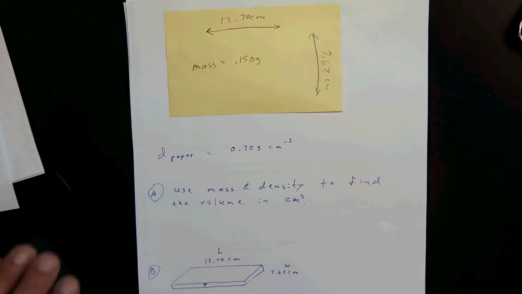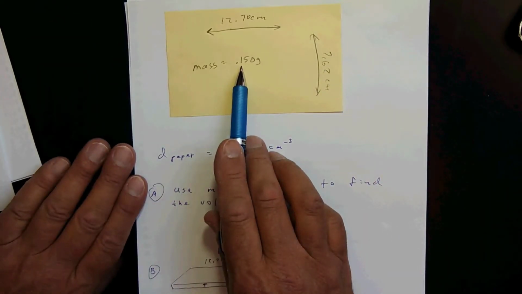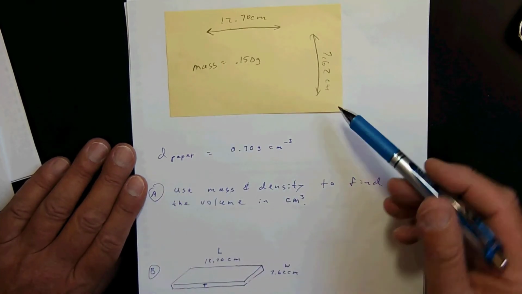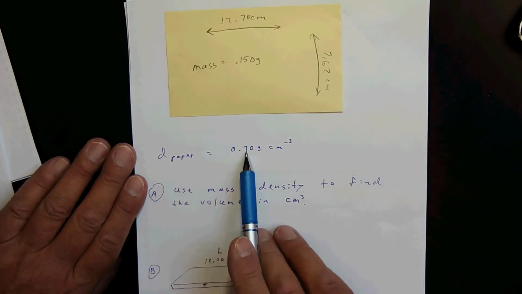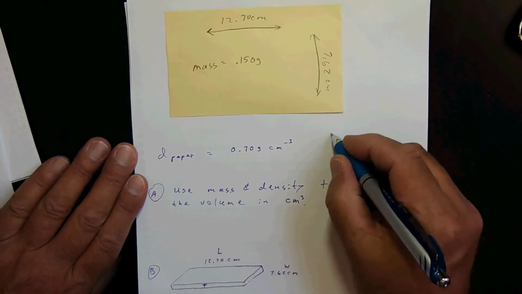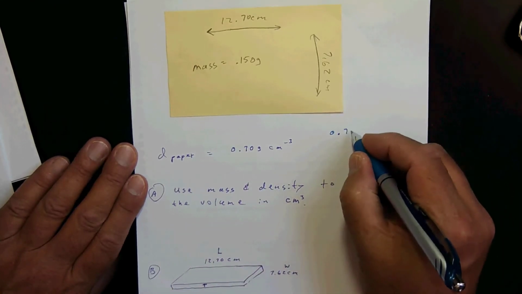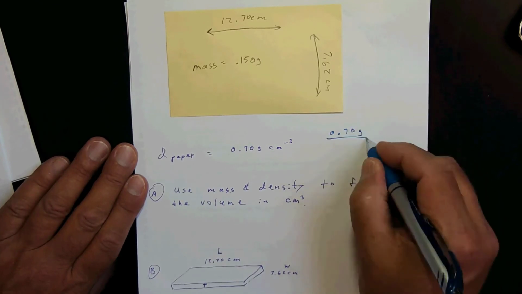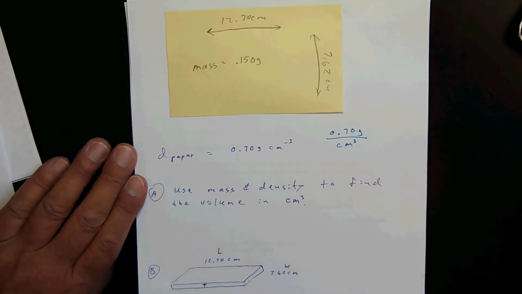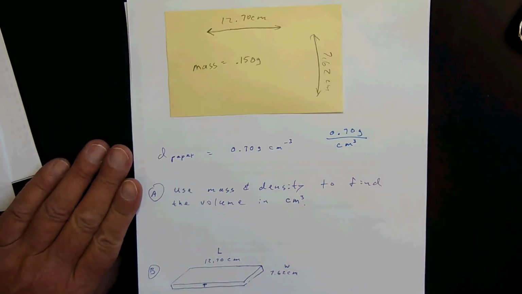You can weigh that piece of paper. I weighed it. It weighs 0.150 grams. If I happen to know the density of the paper is 0.709 grams per cubic centimeter, so that's 0.70 grams per cubic centimeter. That's the density.